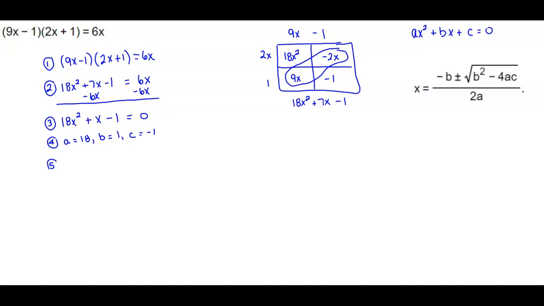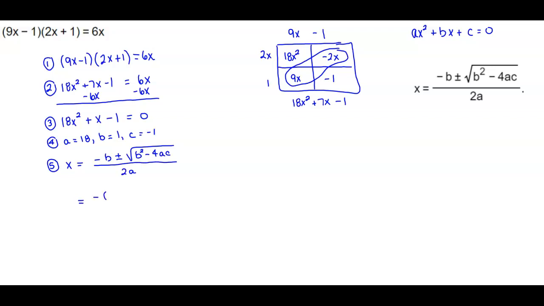So now we're going to use the quadratic formula. Remember, the quadratic formula is x is equal to negative b plus or minus the square root of b squared minus 4ac, and then divide that by 2a.